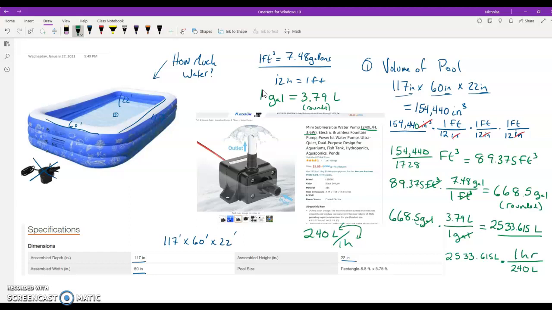This is one of those cases where we can interchange those units. And we can see our liters are going to cancel. And we're going to have just the 2,533.615 on top, and the 240 on the bottom. And our unit's going to be hours. So I'm going to follow through that math, and I get 10 point, I'll round this, 6 hours.